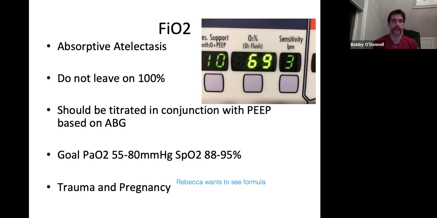Your intubated, ventilated patient should never have an SpO2 of 100. If they have an SpO2 of 100, it means all of their hemoglobin is saturated, but based on the curve, they could have a PaO2 of 80, or they could have a PaO2 of 400. You just don't know. And large amounts of oxygen are physiologically damaging to the patient.